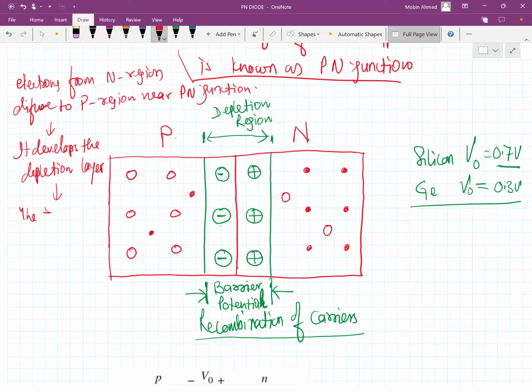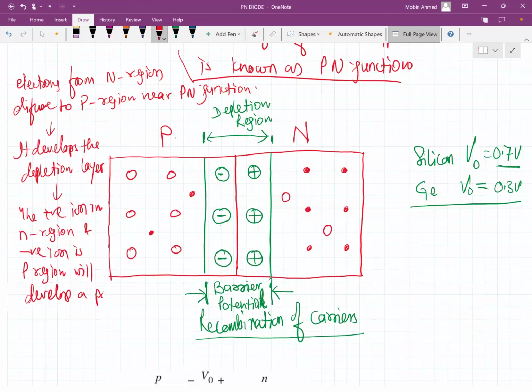The positive ion in N region and negative ion in P region will develop a potential across PN junction.